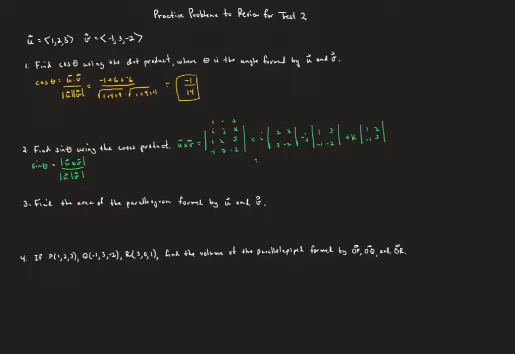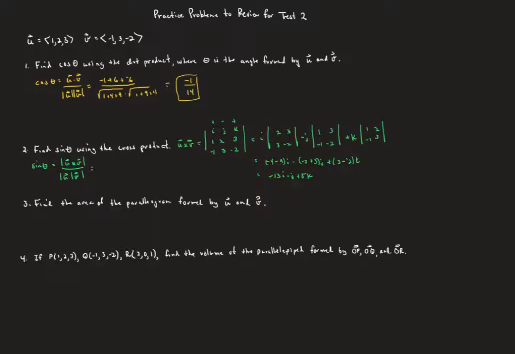So evaluating this, we're going to get negative 4 minus 9 times i, minus negative 2 minus negative 3, so plus 3, times j, plus 3 minus a negative 2 times k. So that's going to be negative 13i minus j, and I think a plus 5k. So there is our u cross v.